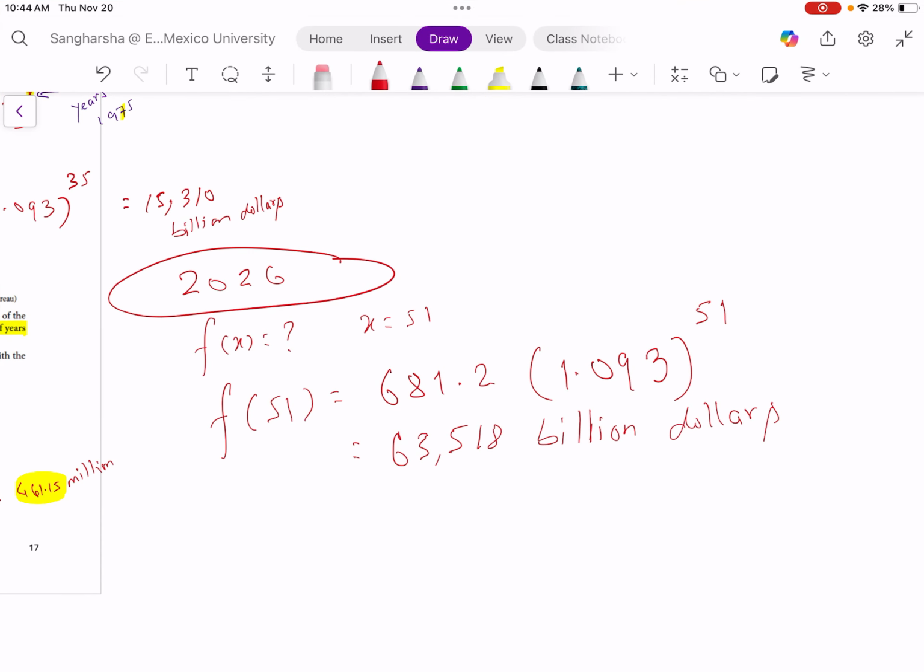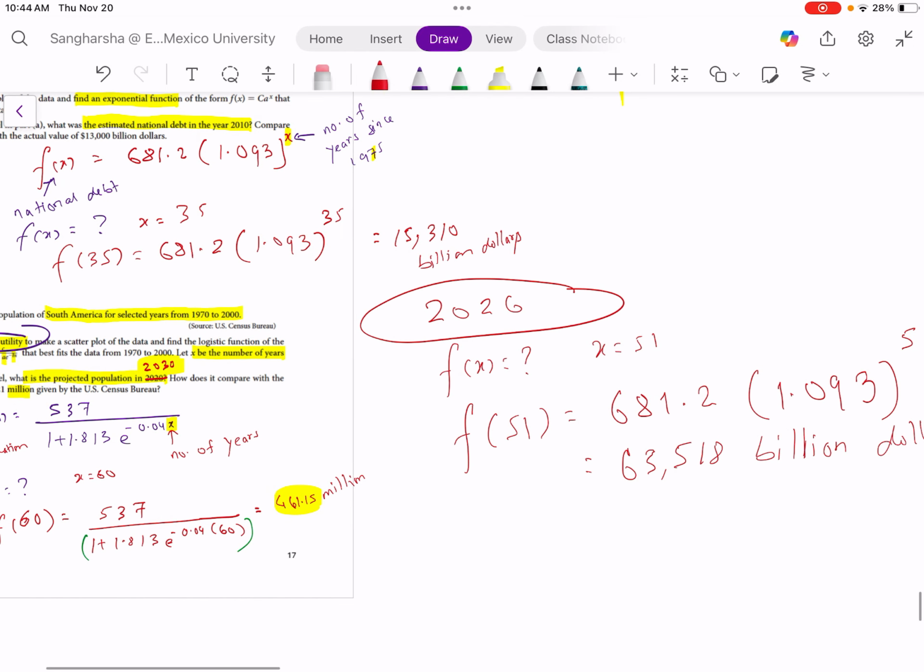So we have like 63. That's high. We may not have this much debt next year, and we don't have that much time, we just have about a month. But it's an estimate. So it's not that we always get 100% fact, but we can make an estimate. This is how we can use our function or different models in real-life situations.